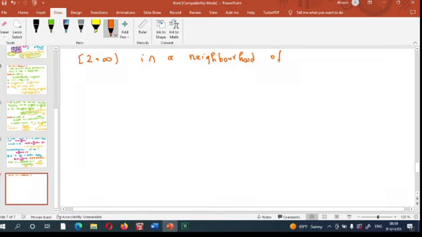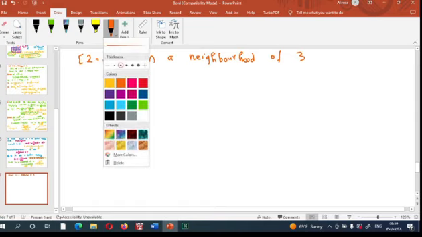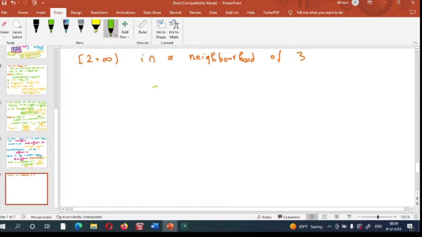of, for example, 3, because 3 belongs to, for example, (2, infinity), and this is a subset of (2, infinity), and this is open.